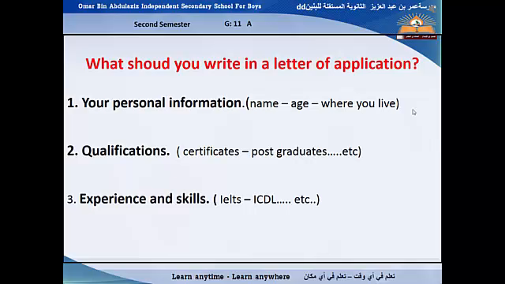What should you write in such a letter? Your personal information: name, date, where you live. Qualifications: certificates, postgraduate studies, what you have studied. Experience and skills: IELTS, ICDL, and any course that you have taken to improve yourself.